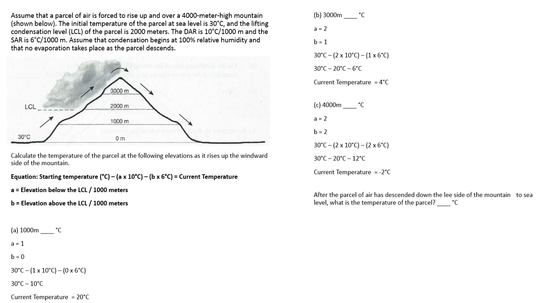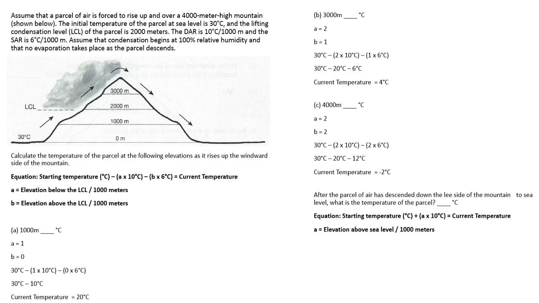With this being known, we can determine the temperature of a parcel of air as it returns back to sea level. This, however, requires a new equation to be used, as a descending parcel of air uses the DAR as it descends and does not use the SAR at all. The equation is starting temperature in degrees Celsius plus A times 10 degrees Celsius.